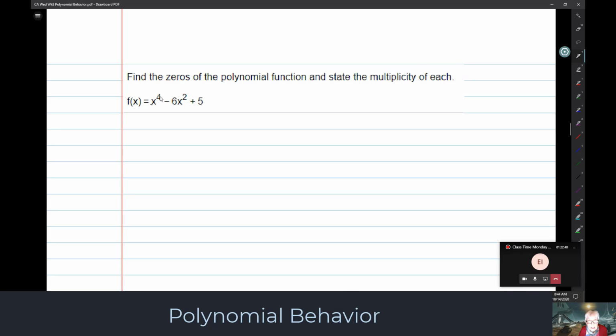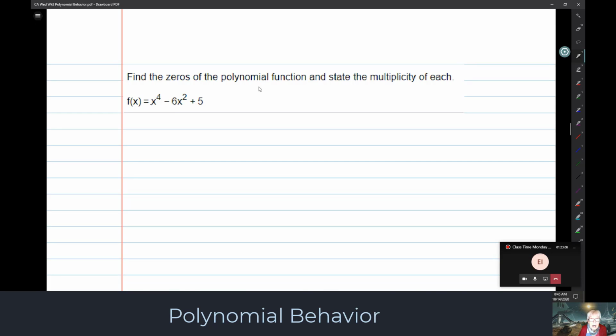And the leading degree is 2 times the middle degree. When we have that situation, I can use U substitution to temporarily turn this function into a quadratic. So I can use the methods that I already know, the factoring methods, or even the quadratic formula to solve it and find the zeros.